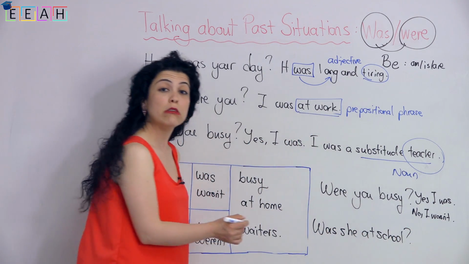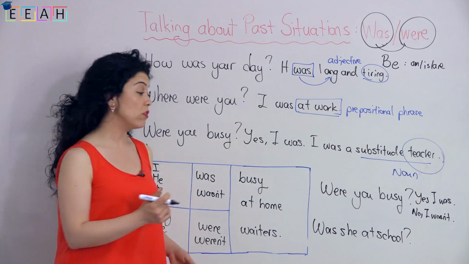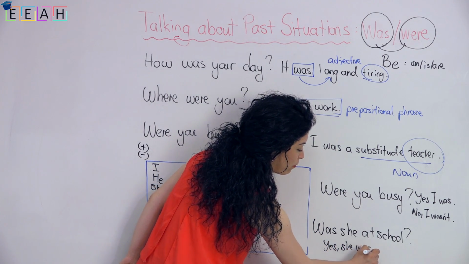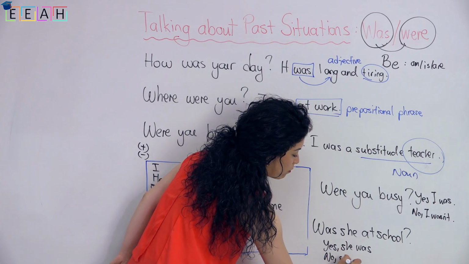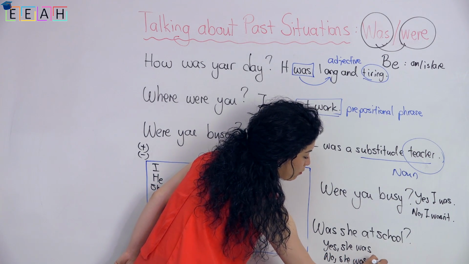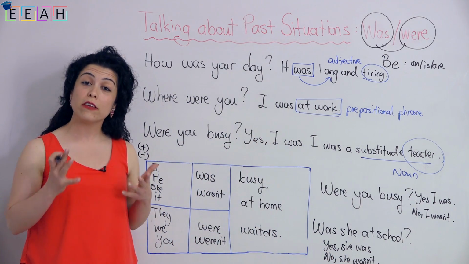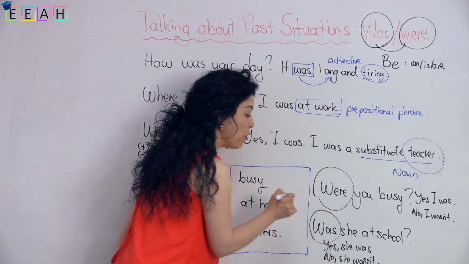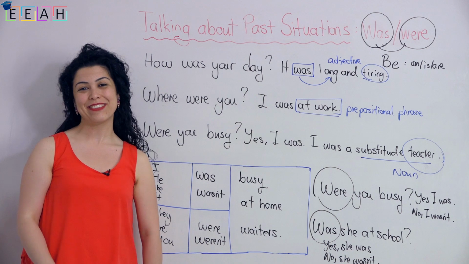Was she at school? Yes, she was. No, she wasn't. Okay, so when you want to ask a question, you start with either were or was. Remember that.